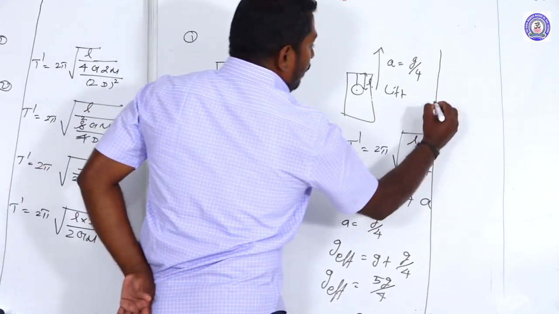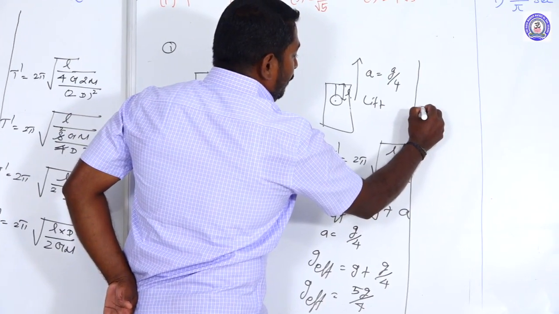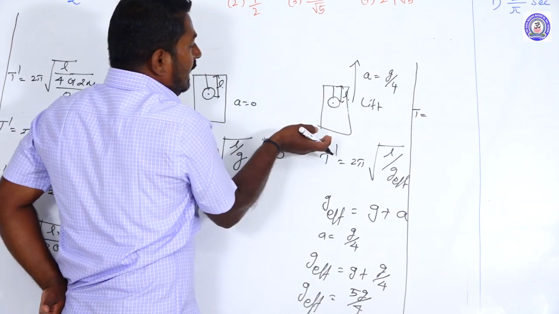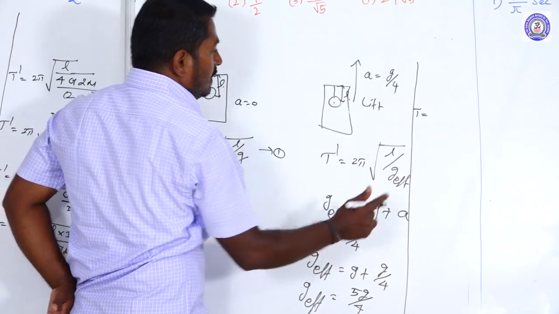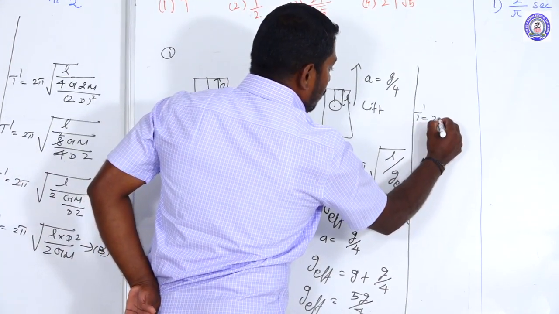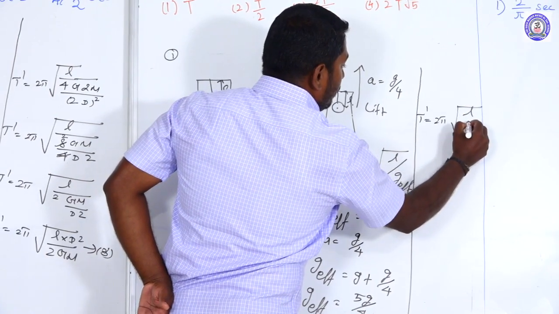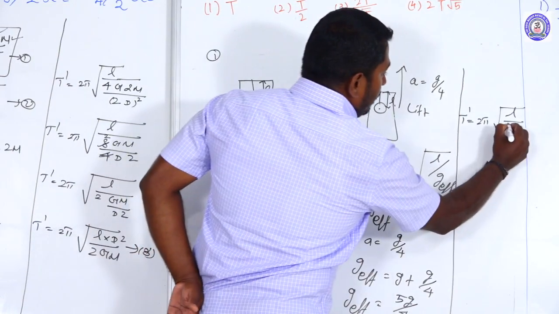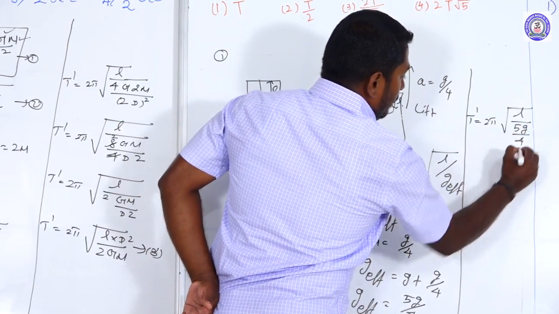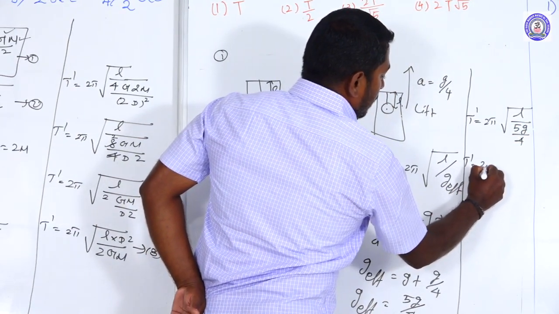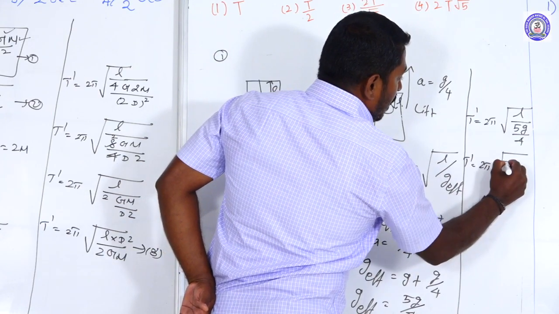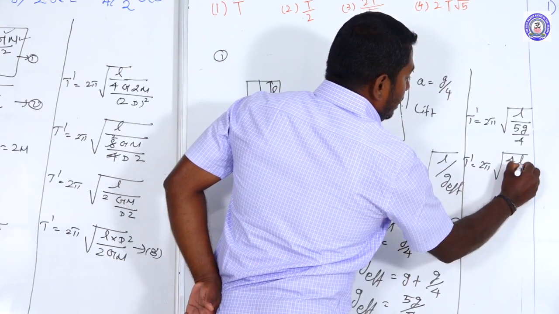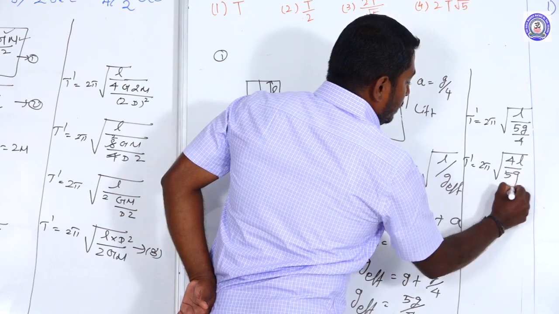Then the time period of oscillation inside the lift, if the lift is accelerating in the upward direction with the constant acceleration g divided by 4, t prime is equal to 2 pi square root of L divided by g effective, 5g divided by 4. So t prime is equal to 2 pi square root of 4L divided by 5g.